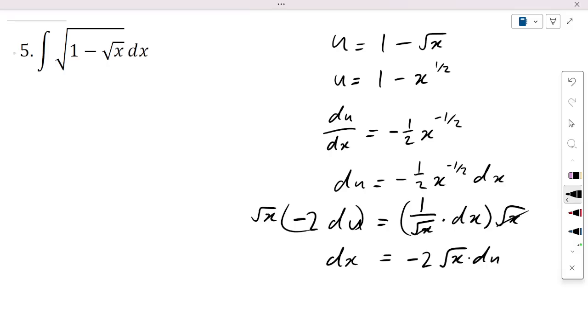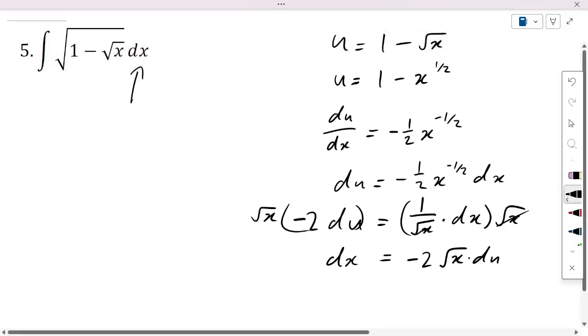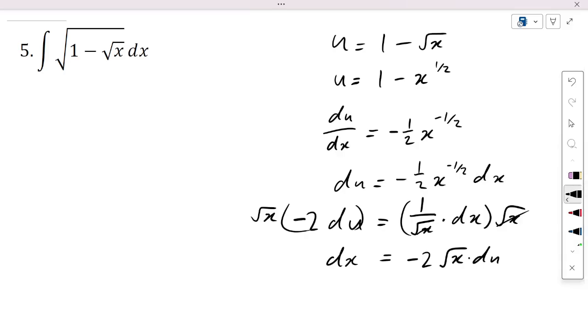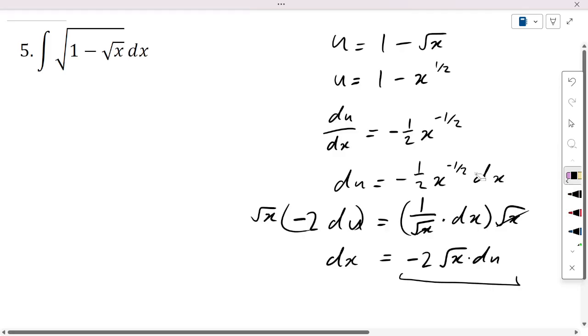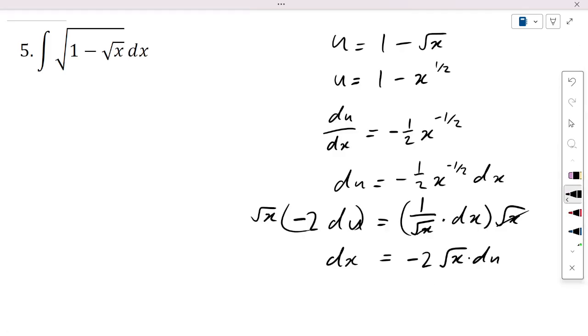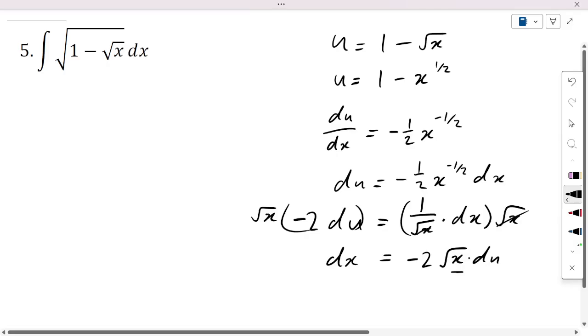So now what we have is dx. If you don't have a part where you can manipulate, like you don't have a fraction in this case, we're just going to find out what dx is, and then we're going to substitute. So just bear with me and you'll understand what I'm doing. Now that we know that dx is equal to negative 2 multiplied by root x times du, what makes this a little bit tricky is the root x.